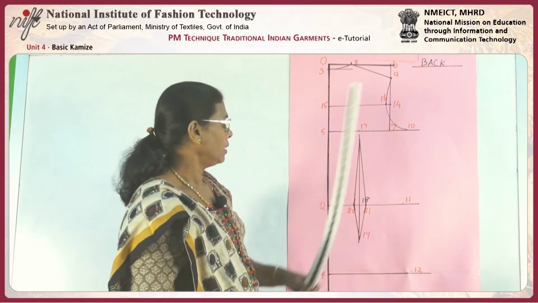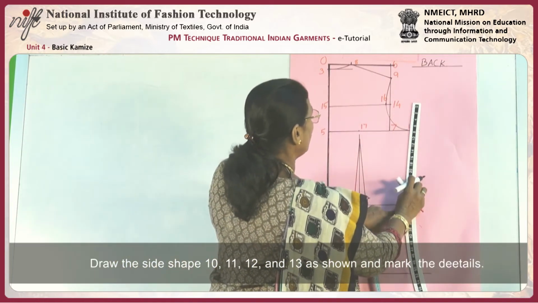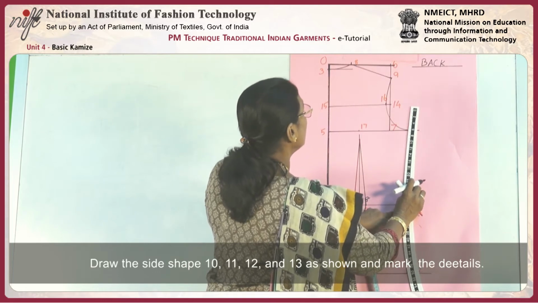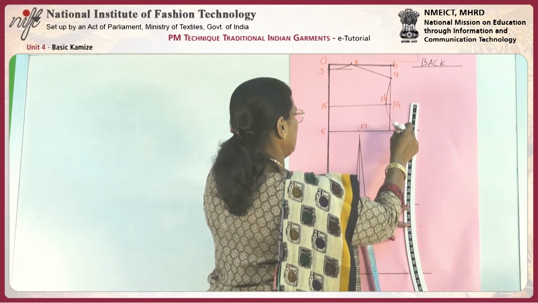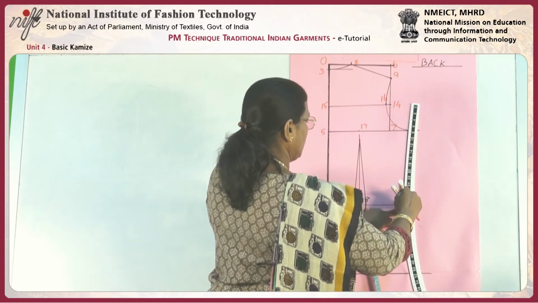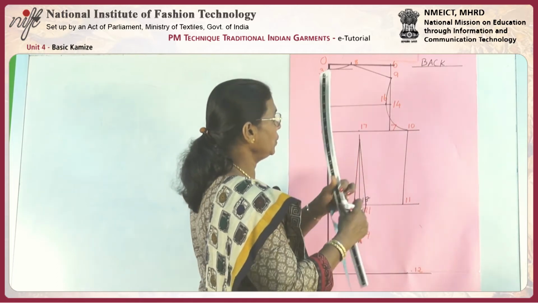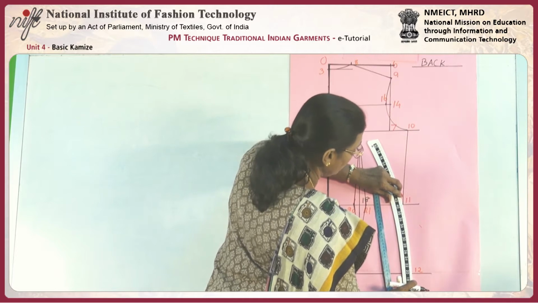Then draw the side shape by joining 10 and 11. Now we need to use the hip curve in an outward shape.